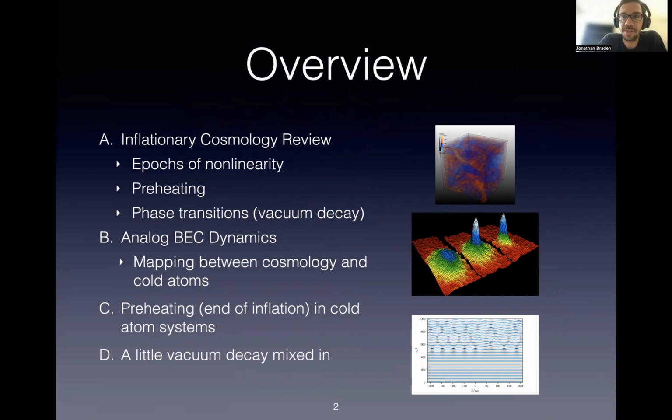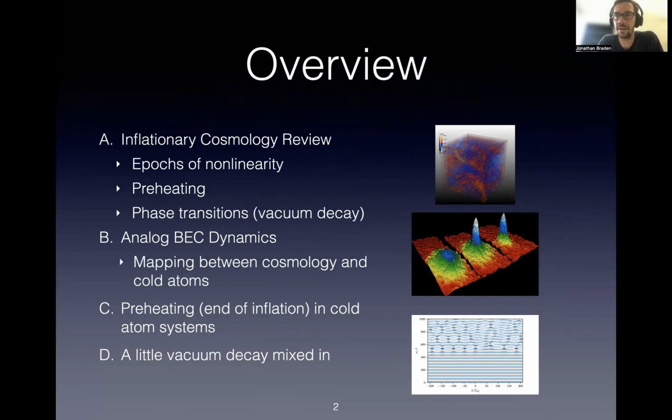The things I'm going to be focusing on are epochs in the very early universe where we think nonlinearity played a fundamental role in the dynamics of the fields. The two specific dynamical things I'll be discussing are preheating, which is how inflation ends, and then phase transitions, so vacuum decay, which can occur at various times in the very early history of the universe.